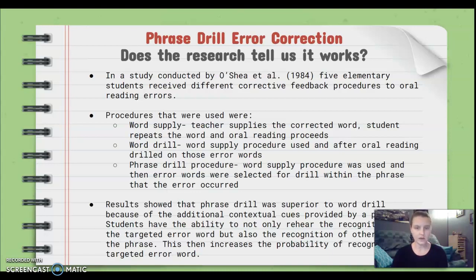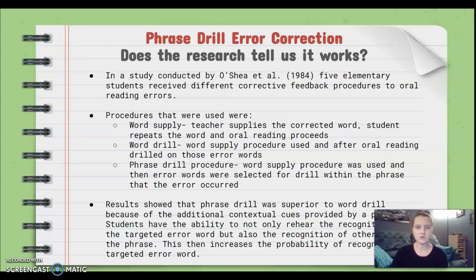Word drill was the second procedure, where they supplied the word to the student, but after oral reading, they were drilled on those error words. And then our last one, phrase drill error correction, is the one that we talked about, where they are given those words again after they've made an error, but they are given those in the phrases in which they occurred.